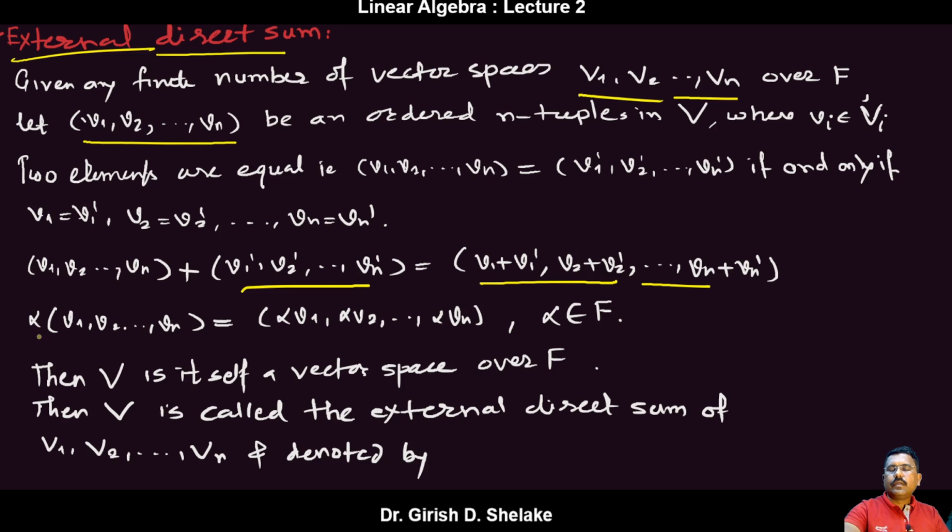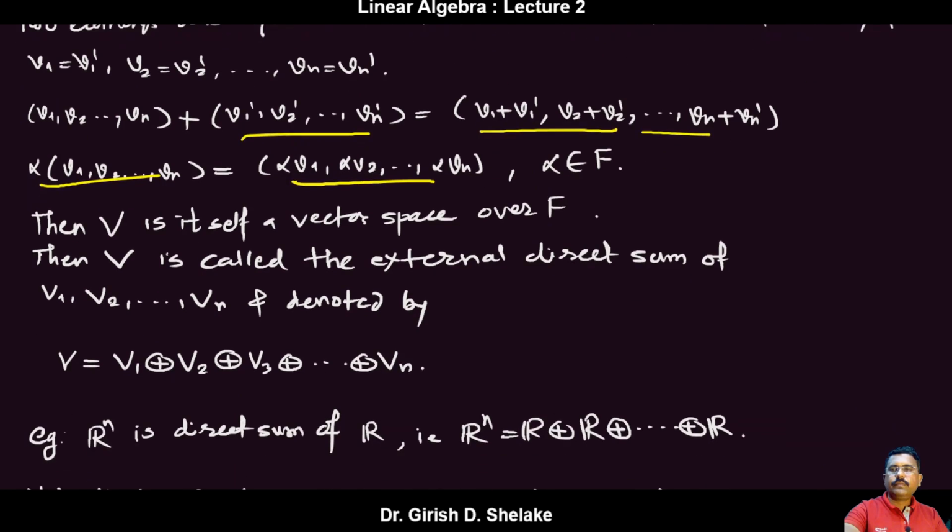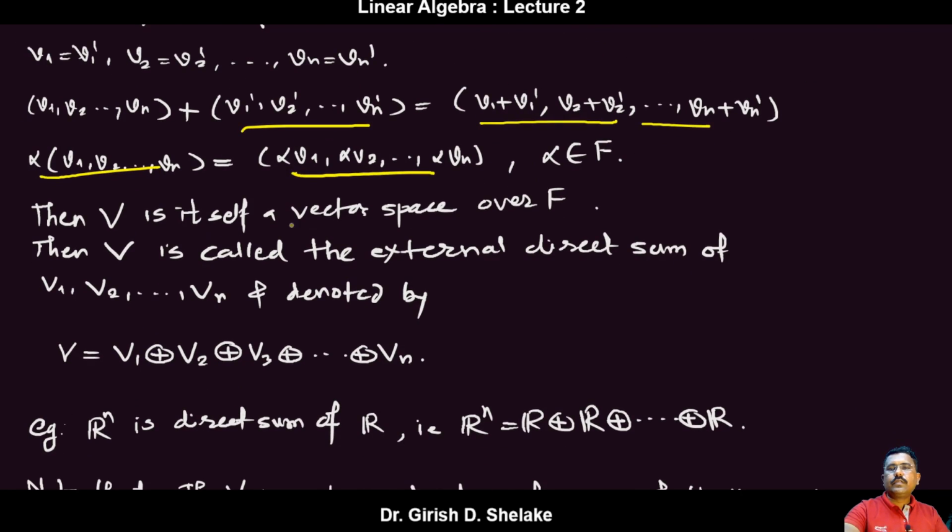Then the scalar multiplication is defined as alpha times the vector (v1, v2, and so on vn) equals (alpha v1, alpha v2, and so on, alpha vn). So this is the scalar multiplication in V. Then this V itself is a vector space over F, and V is called the external direct sum of the vector spaces V1, V2 and so on Vn.